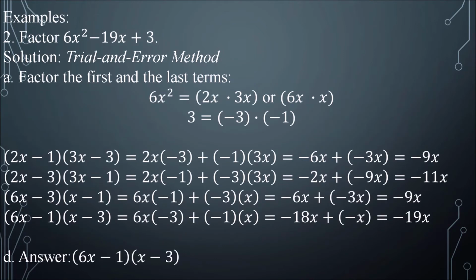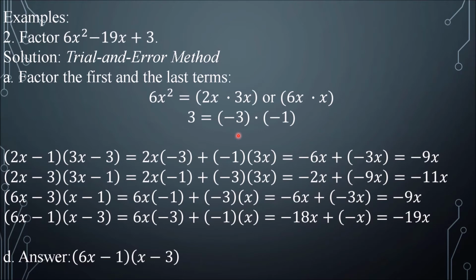Now we will use the trial and error method to factor number 2. First, factor the first and last terms. 6x squared is equal to 2x times 3x, or 6x times x. Next, we have 3, the last term. That's negative 3 times negative 1. Why do we use negative here?